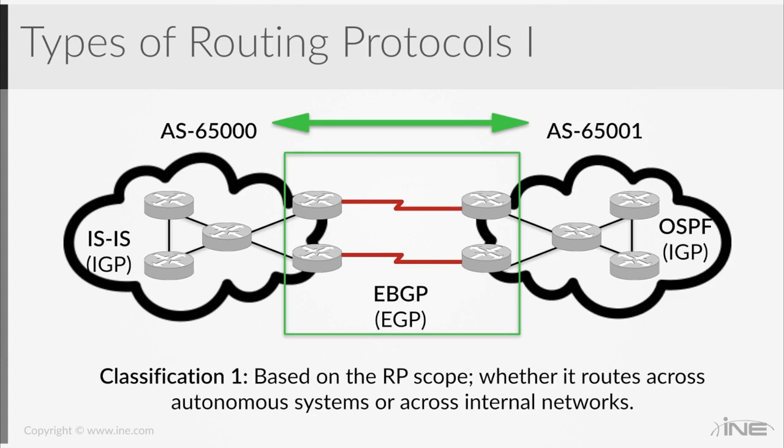What you see on the slide, AS 65000 and 65001, those are autonomous systems. Just as companies and entities request IP address blocks from IANA and can get IP addresses assigned for their own business, in the same manner there are autonomous system numbers available for entities which are large enough to require their own autonomous system.